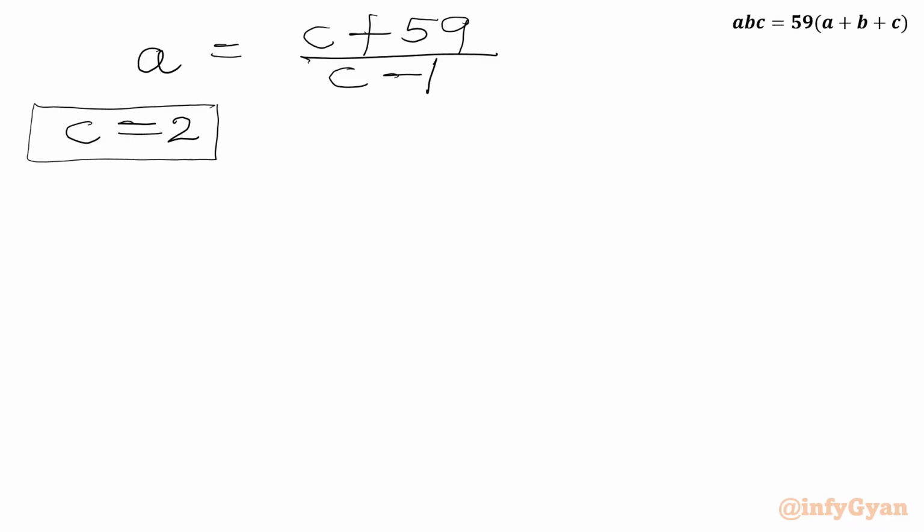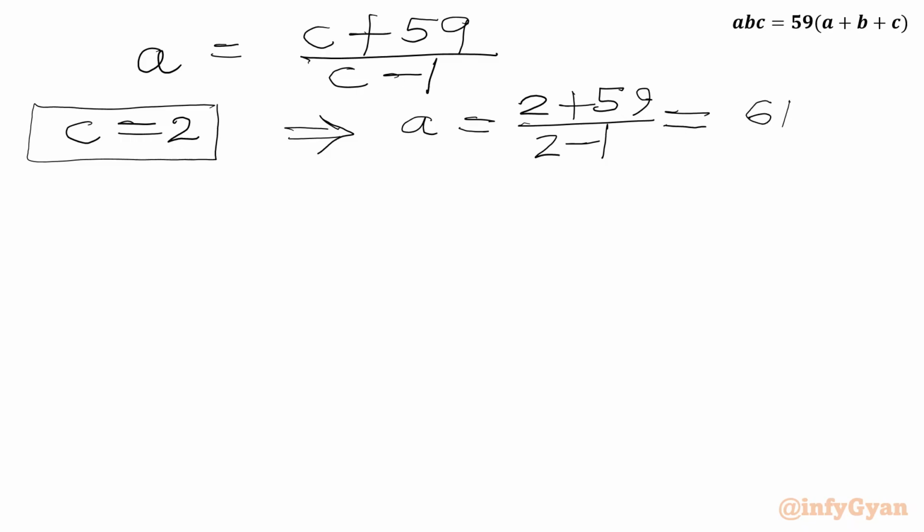Plugging in C equal to 2, we get A equal to (2 plus 59) in the numerator and (2 minus 1) in the denominator. The value will be 61, and 61 is a prime number.